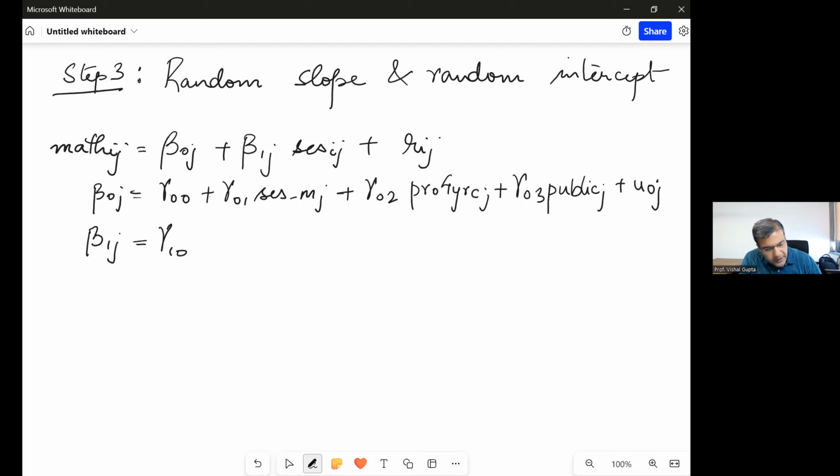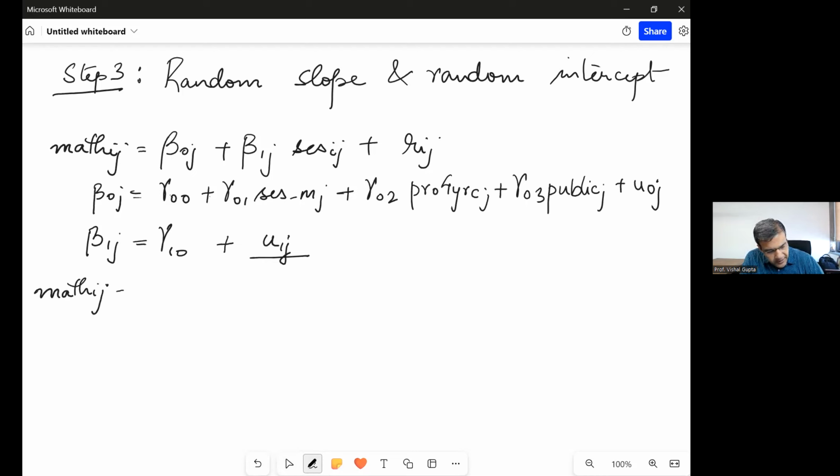Now what we are going to do, we are going to say it also varies. So now we have added this term u1j. When we combine, what happens to our equation now?